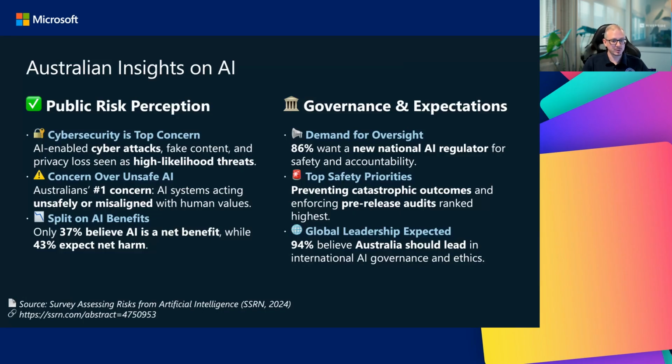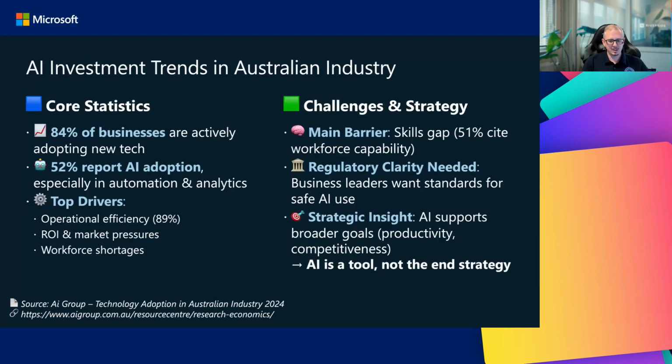But businesses want Australia to take a lead in this, and the overwhelming majority of respondents believe that Australia has the capability to take a leadership role in international AI governance and ethics, and therefore absolutely should do so. But it's not just about what business thinks of AI as a general thing, but also the realities of industry.